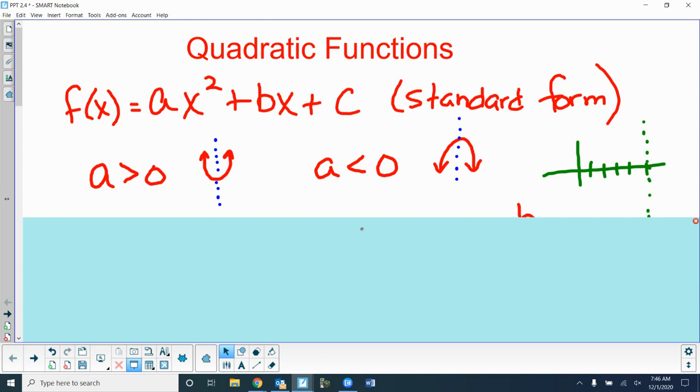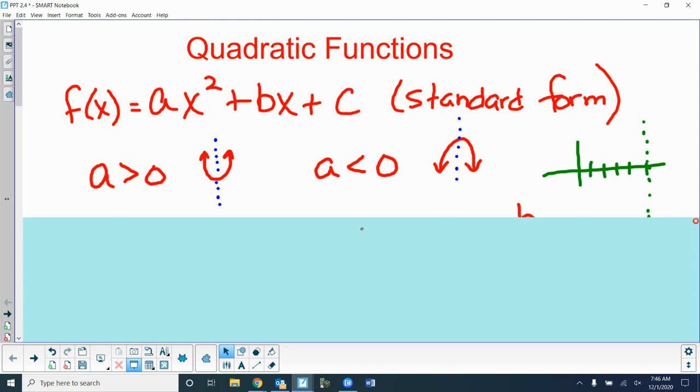If the a value is less than 0, meaning negative, it's got a bad attitude, so it's got a frown on its face, all right? So think of positive attitude, negative attitude, okay? So when it's in standard form, you look at this number in front of the x squared, you can tell if your graph will open up or down.